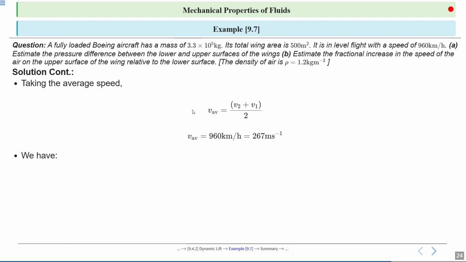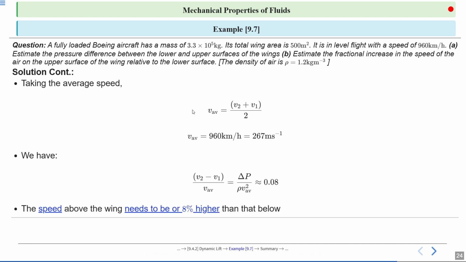So we have (V2 minus V1) divided by V average is equal to delta P divided by rho V square average, equal to approximately 0.08. The speed above the wing needs to be 8% higher than that below. Alright. So the small difference in speed creates the pressure difference that keeps the plane in the air. I hope this is clear.